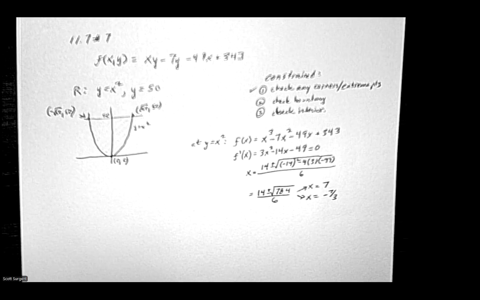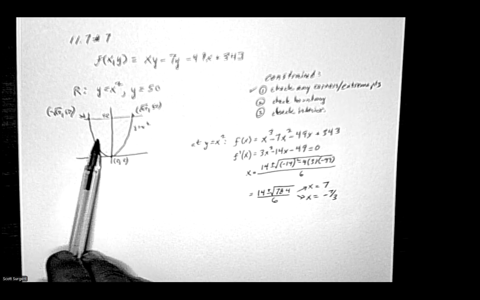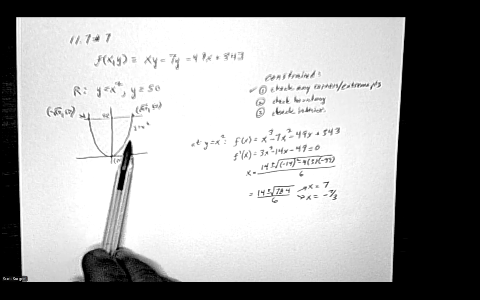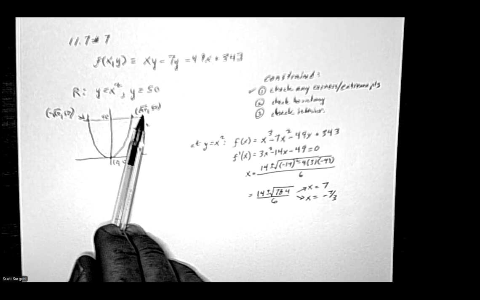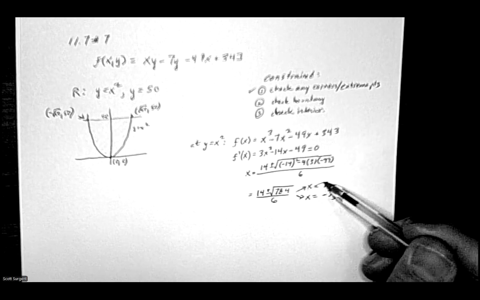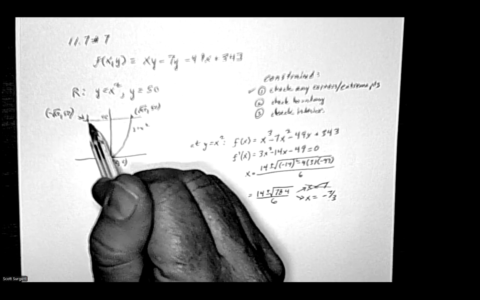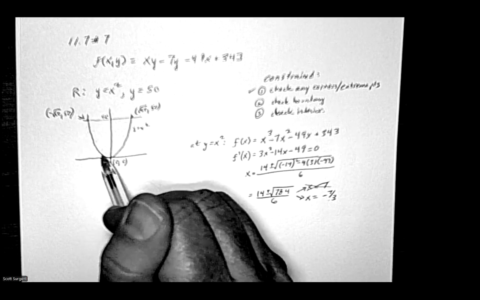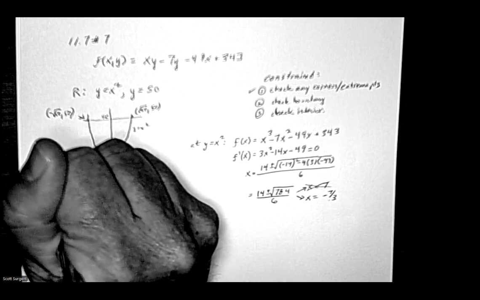I was expecting some decimal answers. So I just have to make sure that it's on the region. So this root 50 is slightly below 7. Oh, you know what? This one's not. So wait, this one's actually outside the region. However, negative 7/3 is going to place us right about there. Now that's just the x value.